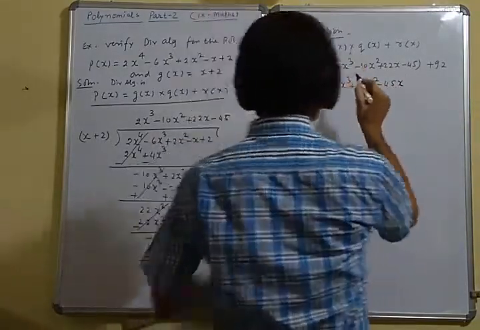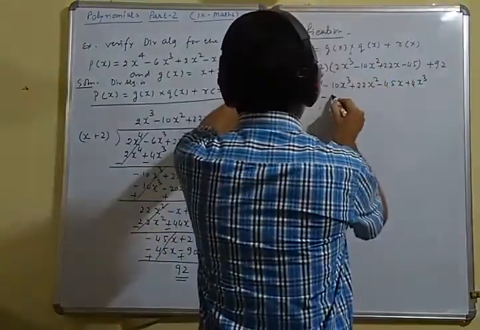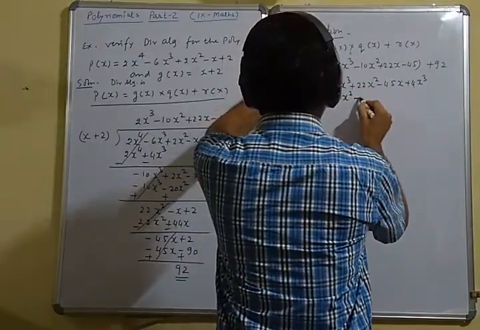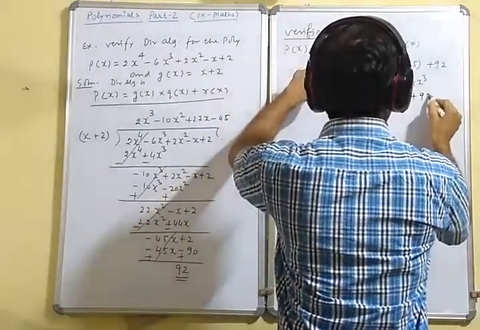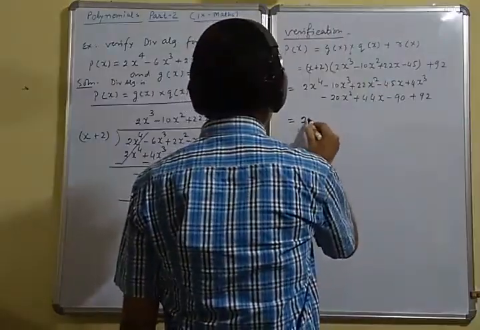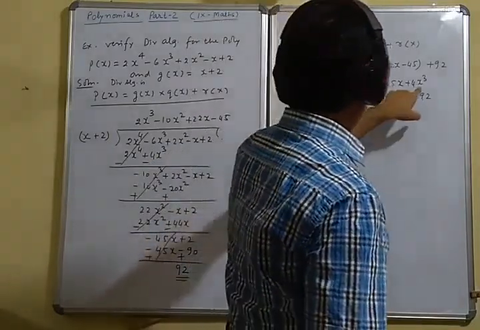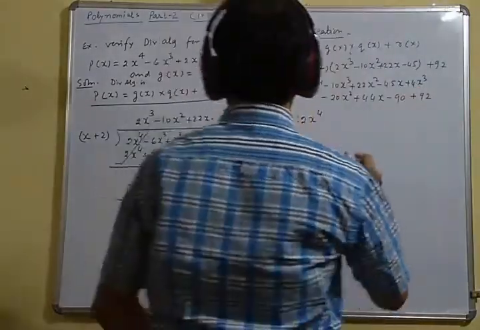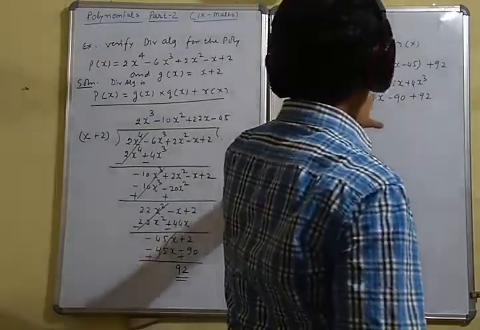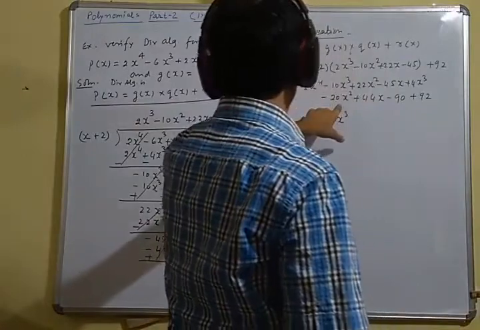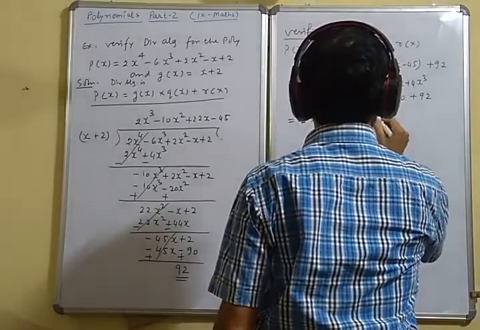Now multiplied by 2: 2 into 2, 4x cube, minus 20x square plus 44x minus 90 plus 92. So what will we get? This is 2x raised to power 4, minus 10x cube plus 4x cube, so this is minus 6x cube. 22x square and minus 20x square gives plus 2x square.